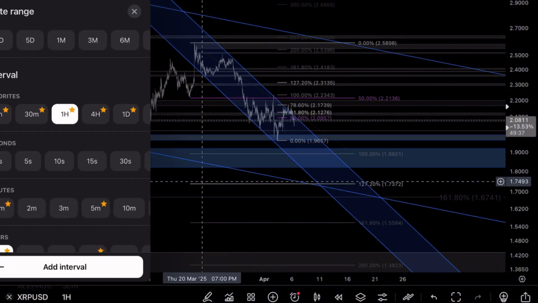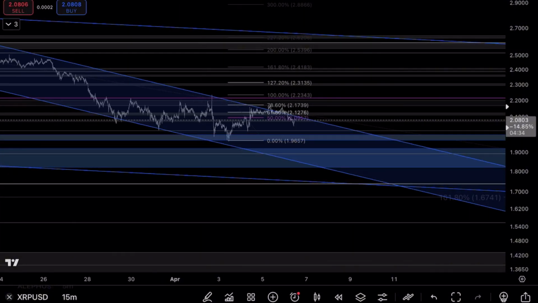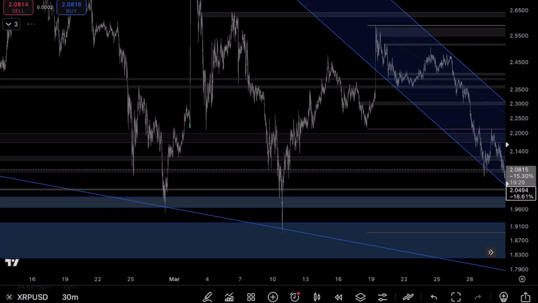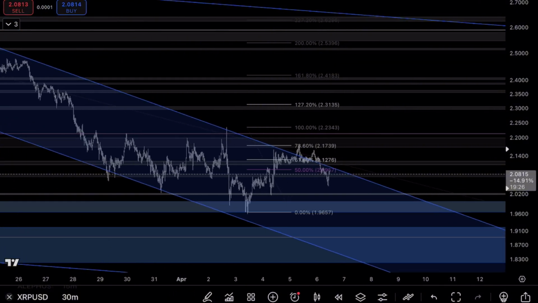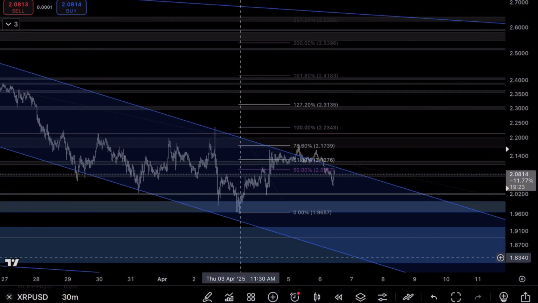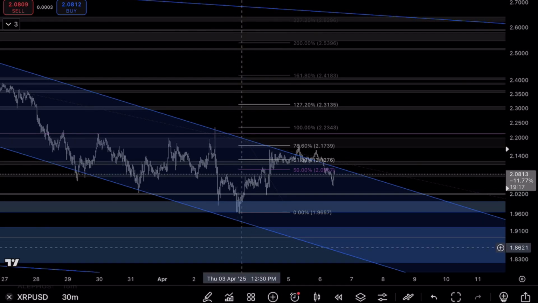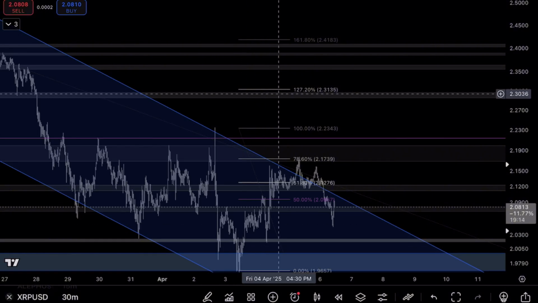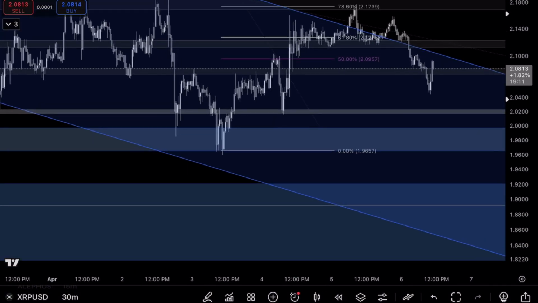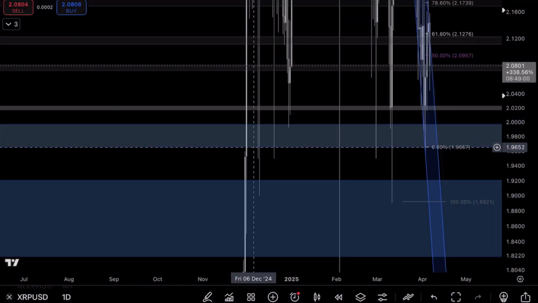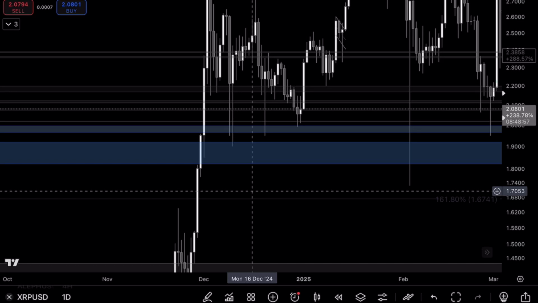If I go back down to the 15-minute, I can show you where the trade happened. Maybe I might have to do it on the 30-minute. Yeah, it was right in here. So this I originally had in green, now blue, and I knew that was a high demand area. If you go all the way up to the daily chart, you will see it's a high demand area on a higher time frame.